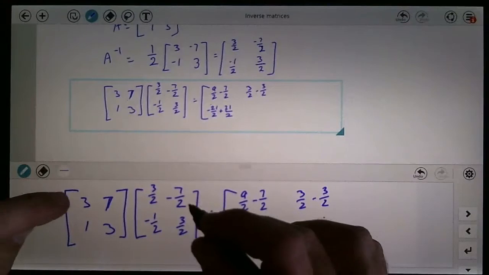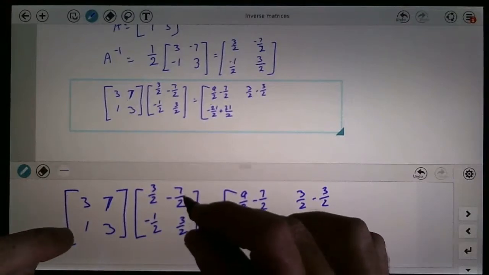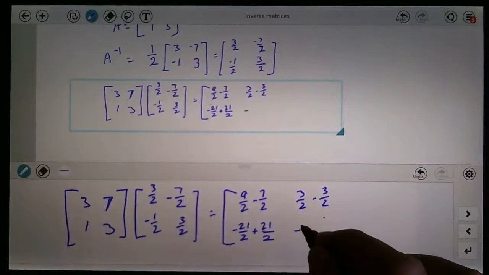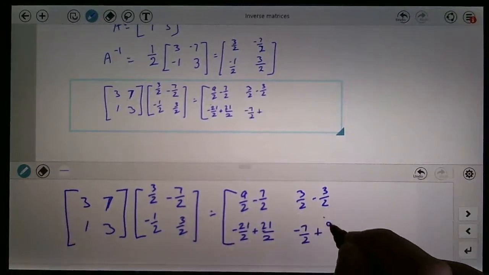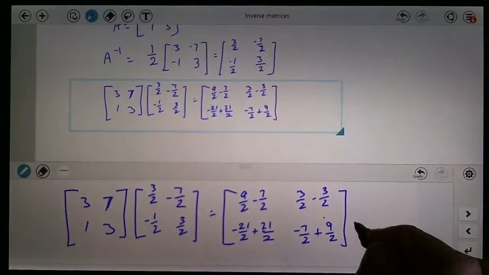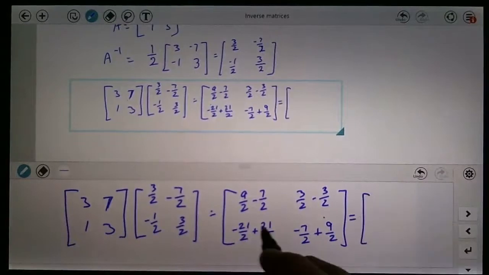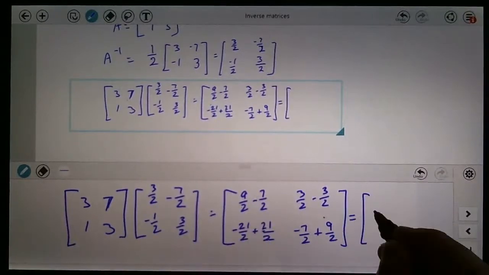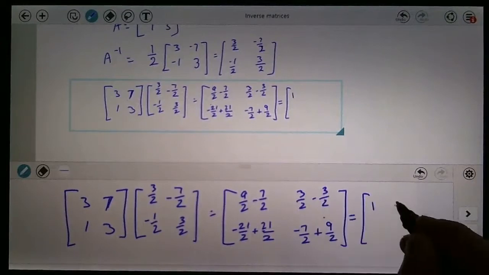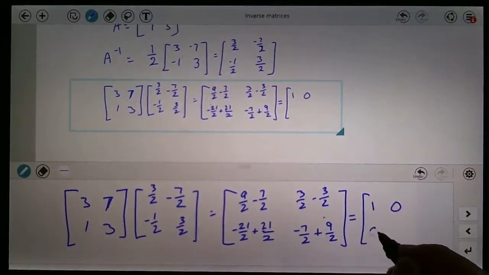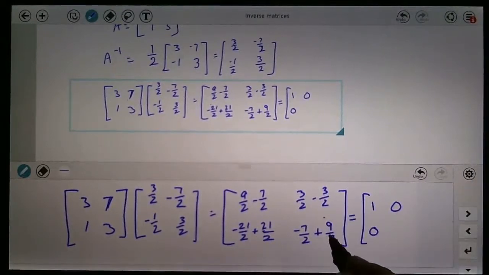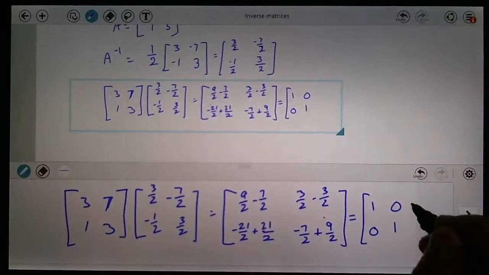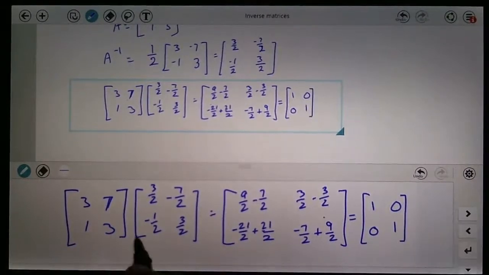And lastly, I've got -7/2 plus 9/2 for a grand total of 2/2, but that's 1. This is a 0. This is a 0. And this is a positive 2/2, but that's 1. So there we go. Multiply those two numbers together, I got an identity. This is the inverse of that.